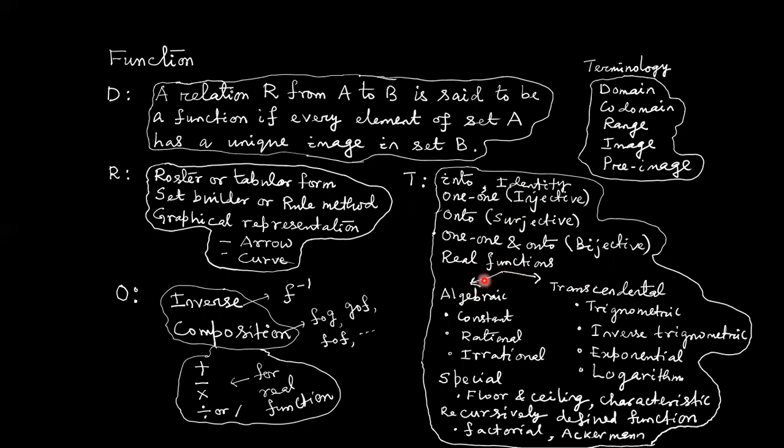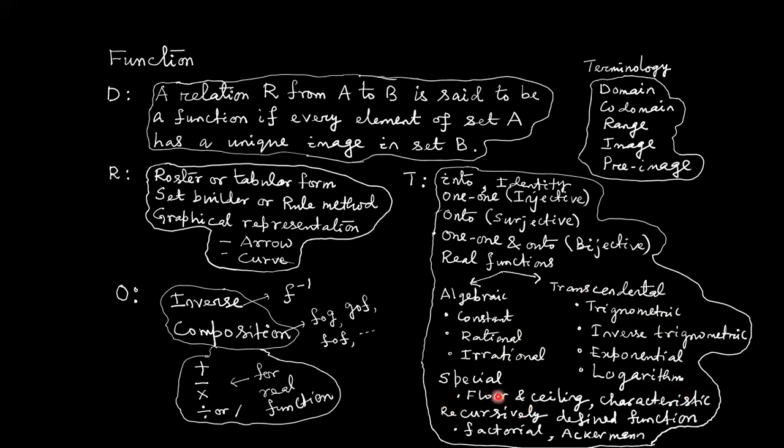Real functions are divided into two categories, algebraic function and transcendental function. In algebraic, we have constant function, rational function, irrational function. In transcendental, we have trigonometric functions, inverse trigonometric function, exponential function, and logarithmic function.